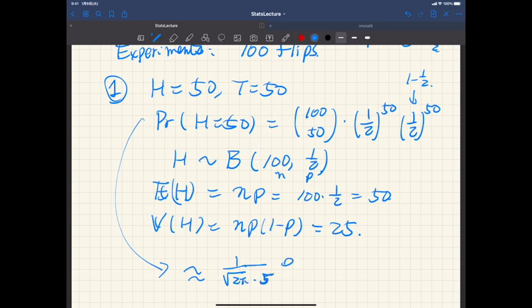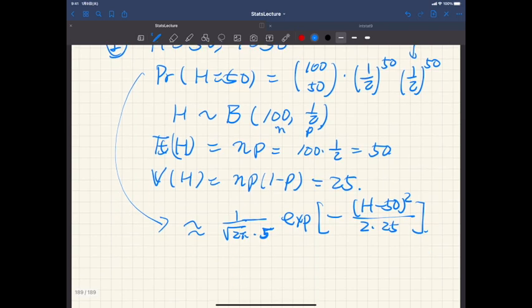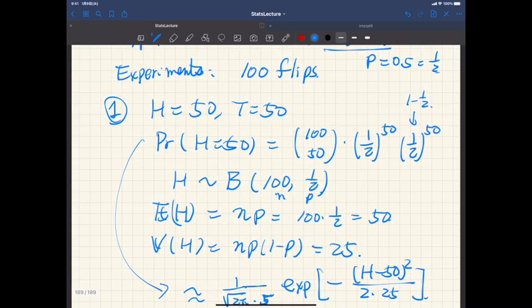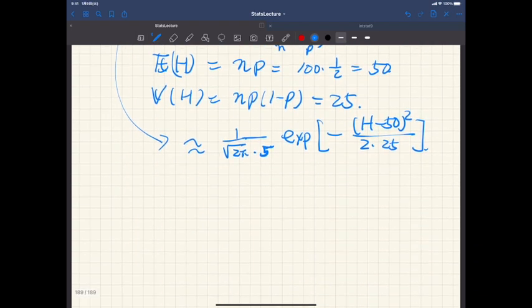Exponential of h minus 50 squared over 2 times 25. Anyway, this probability is not so big. I think it's less than 1%. No, less than 10%. Even if the coin is unbiased, exactly having 50 heads, its probability is not so big.